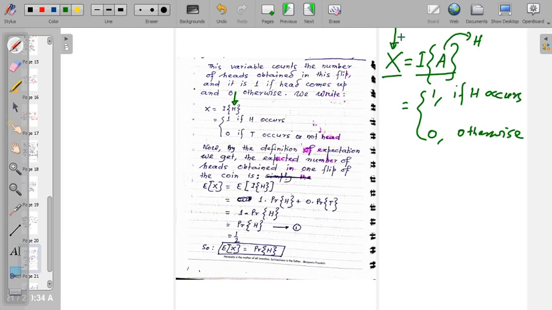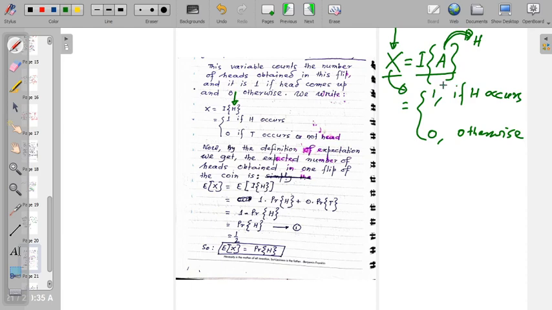In many cases we even forget the indicator random variable associated with event A, and just say this X is 1 if H occurs, 0 otherwise.